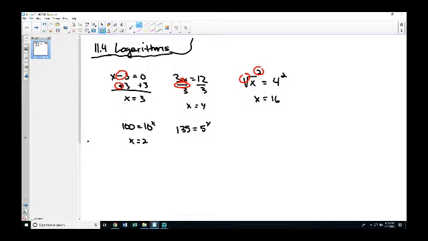We need something called a logarithm. Okay, so a logarithm and an exponential, they're inverses. And so this is how we will manipulate these two different situations. So we will solve exponentials with logs. Okay.